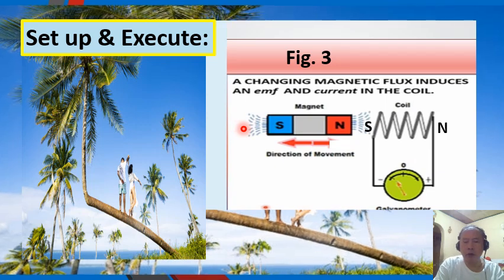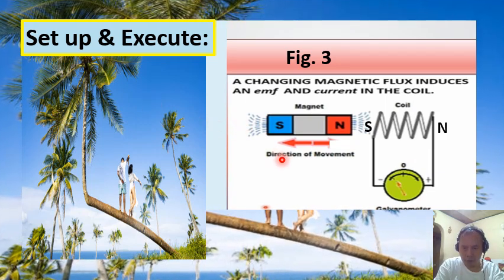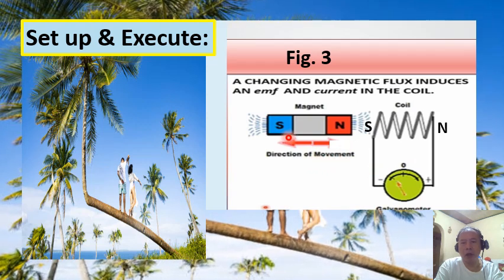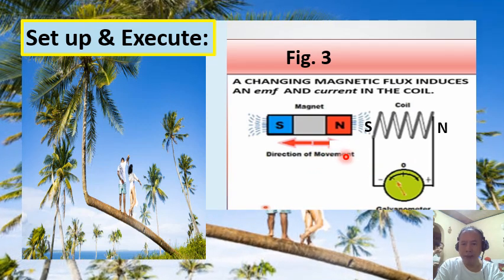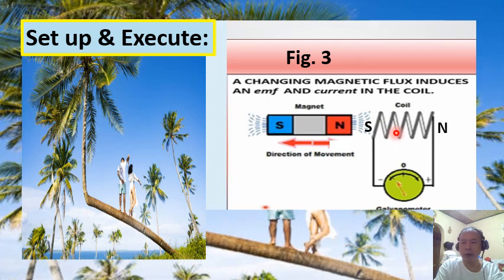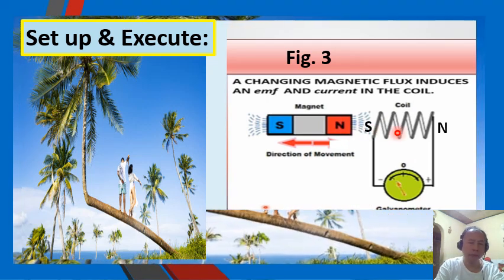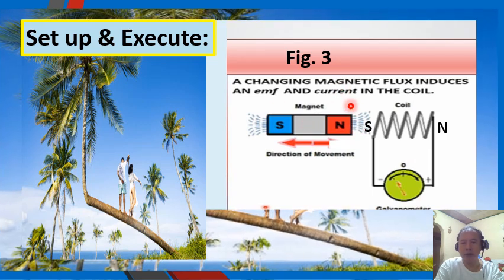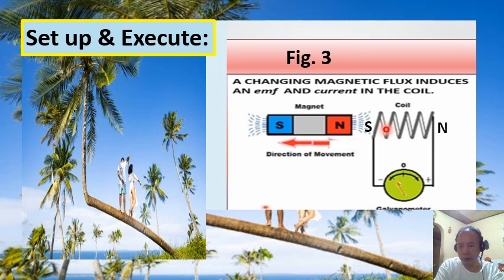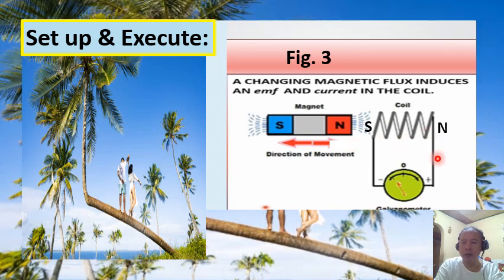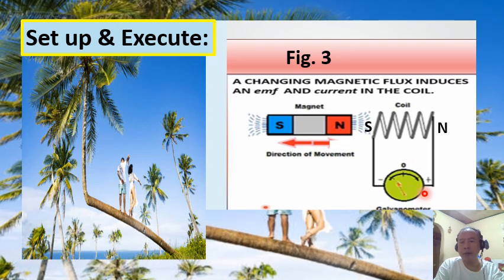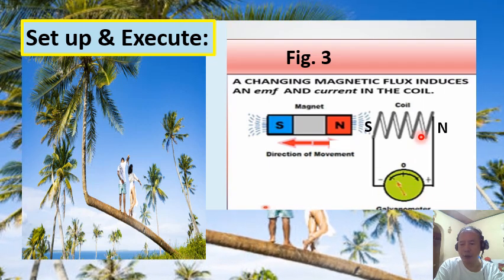All right, we go back to figure 1, where we have this setup of a bar magnet that is being moved back and forth towards and away from the coil. This time, we consider only the action of moving the bar magnet away from the coil, which is also connected to a current measuring device or a galvanometer.